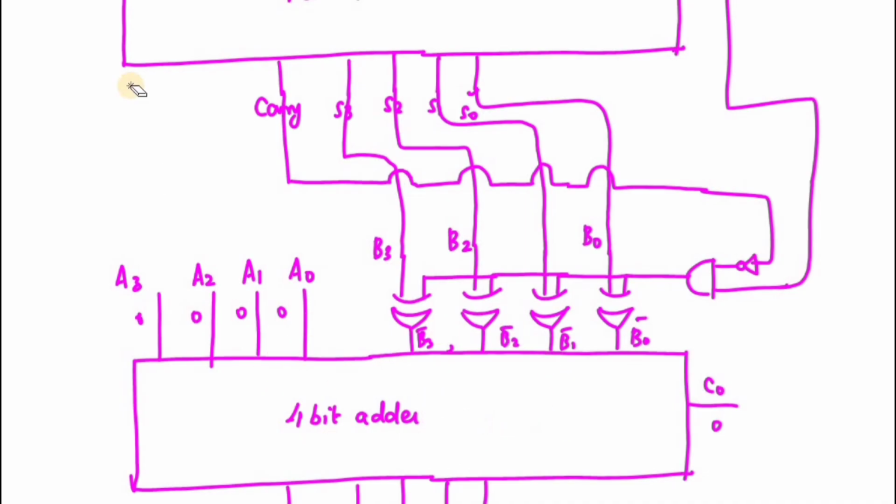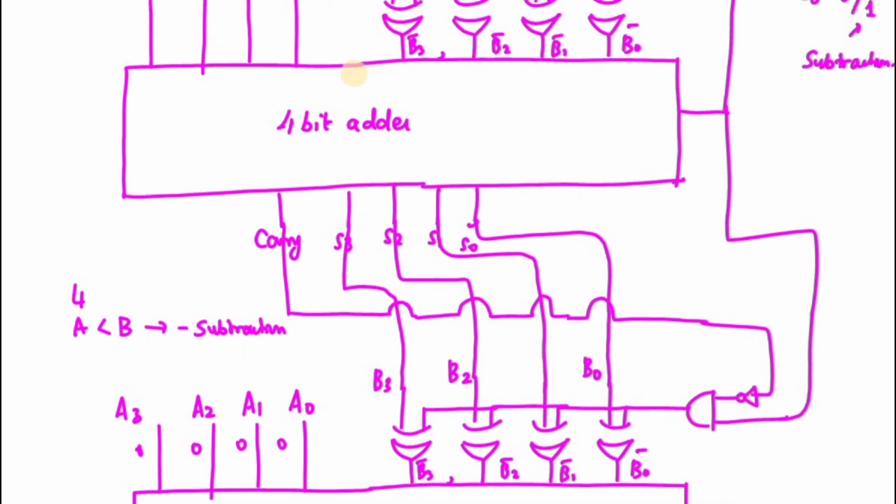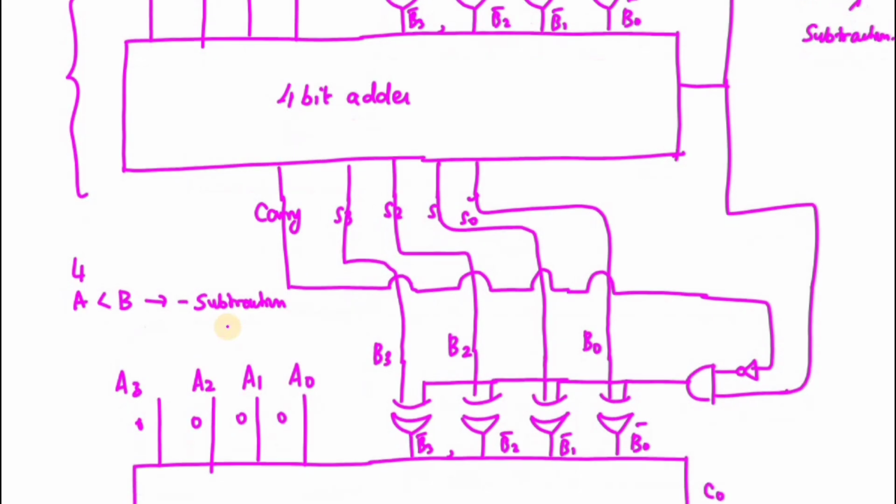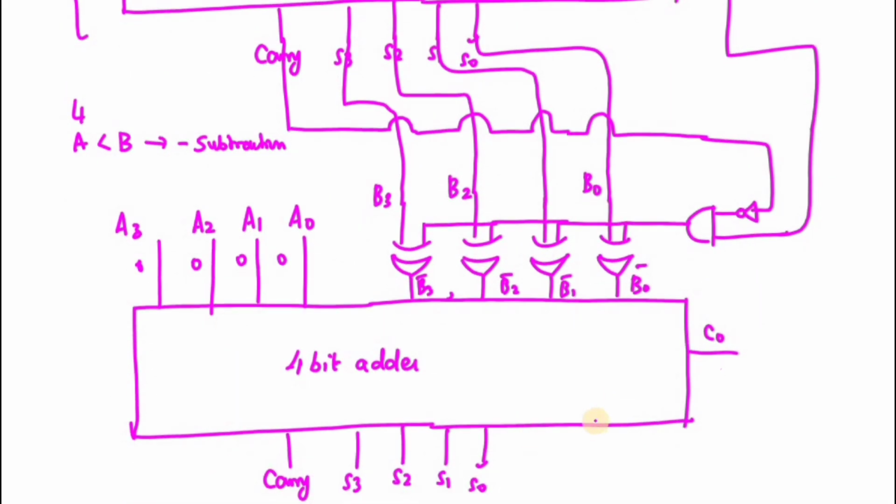So this entire circuit is meant only for when the A value is less than the B value, for subtraction alone. For the rest of the values it will work fine. So whenever the A value is less than B and we are performing the subtraction, we must include this circuit.